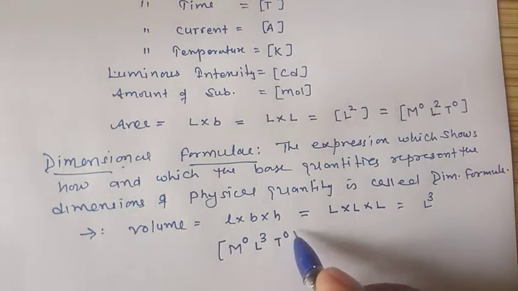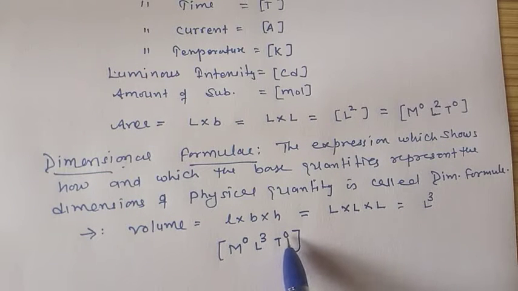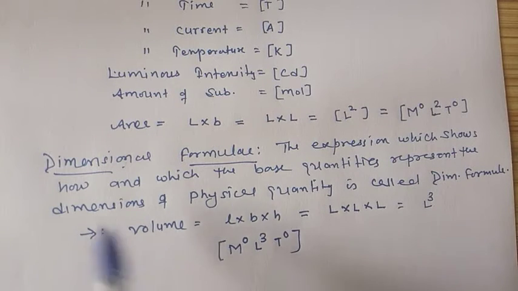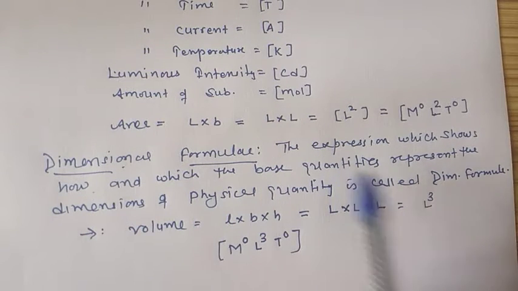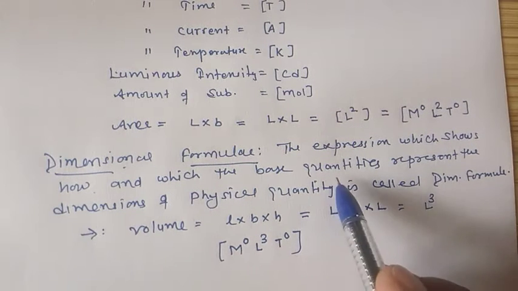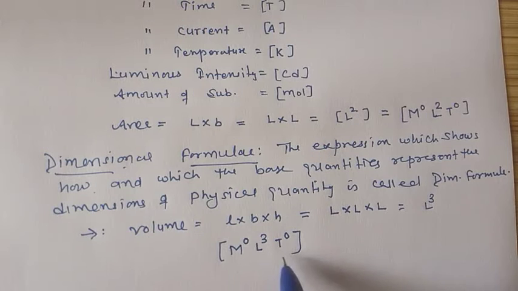So mass has the power 0, length has the power 3 and time has the power 0. This formula represents how and which base quantities represent the dimensions of volume. Only length, in the case of volume, is representing the dimensions of volume. So this formula is called the dimensional formula.